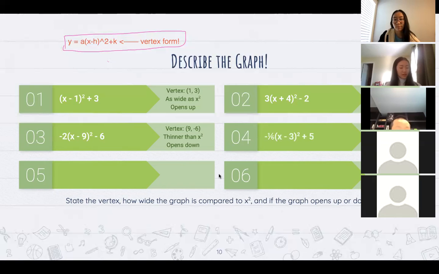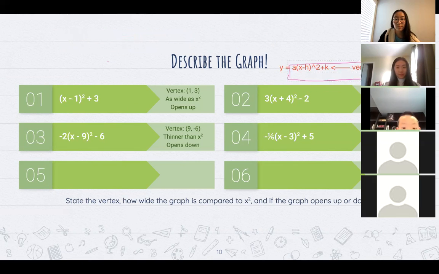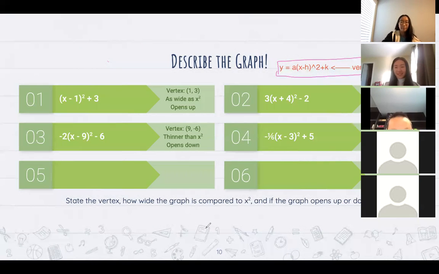Can I try the next one? Yes. So K would be 5.